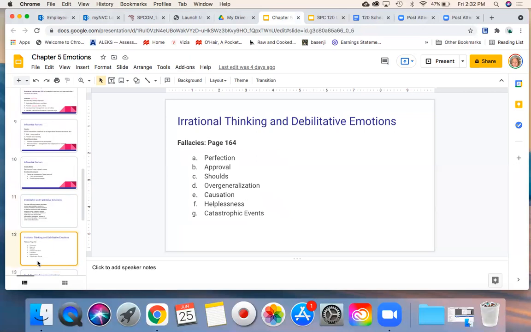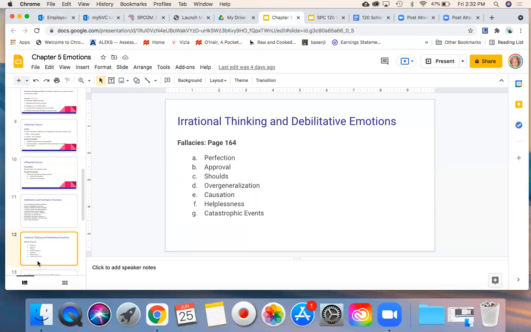Okay. So what that leads to is once you understand, okay, your book has some really good information about facilitative and debilitative emotions. For example, the term rumination. That's linked to intensity and duration, which then creates debilitation of your emotions. Okay.